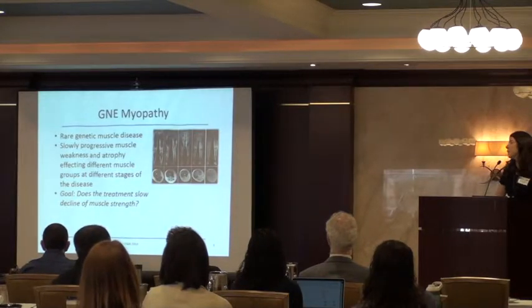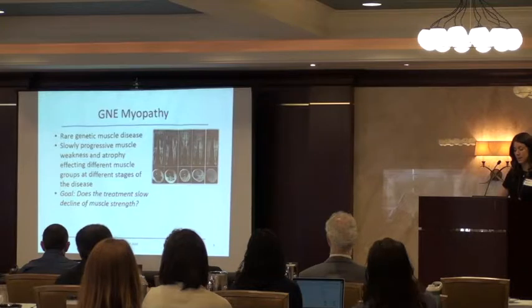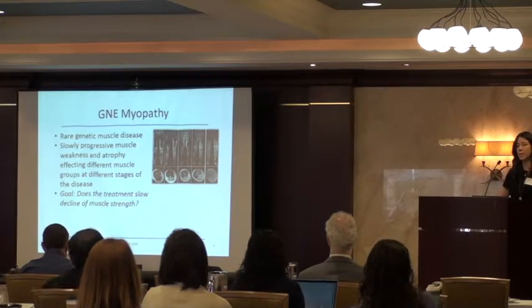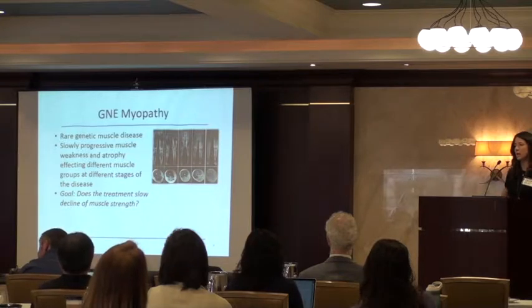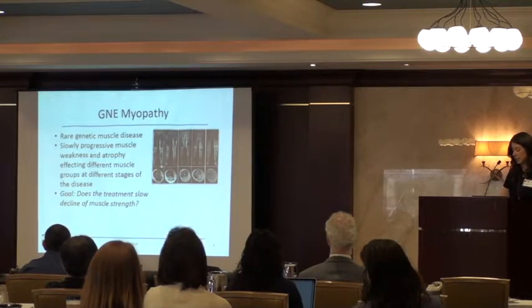Another example of designing a clinical trial in rare disease is a disease called DIAN myopathy. This is also a very rare genetic muscle disease. It's characterized by slowly progressive muscle weakness, so it starts in the ankles and moves its way up into the body. You can see MRI scans here of people at different stages of the disease.